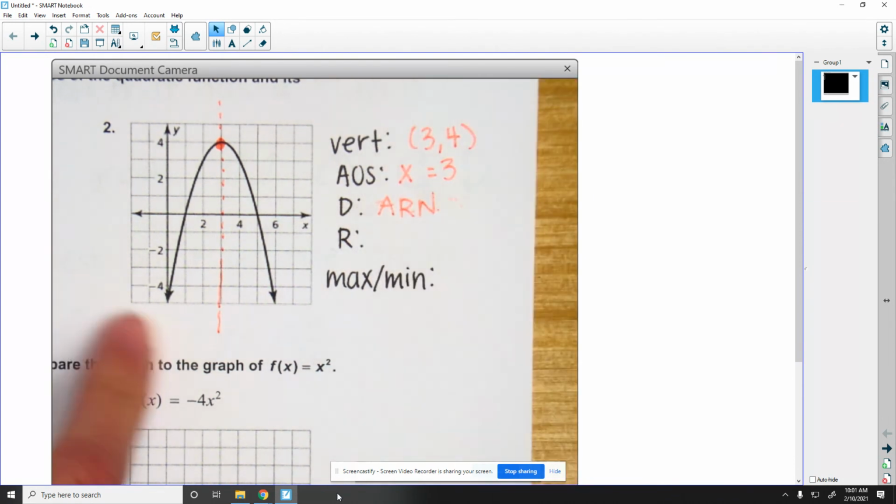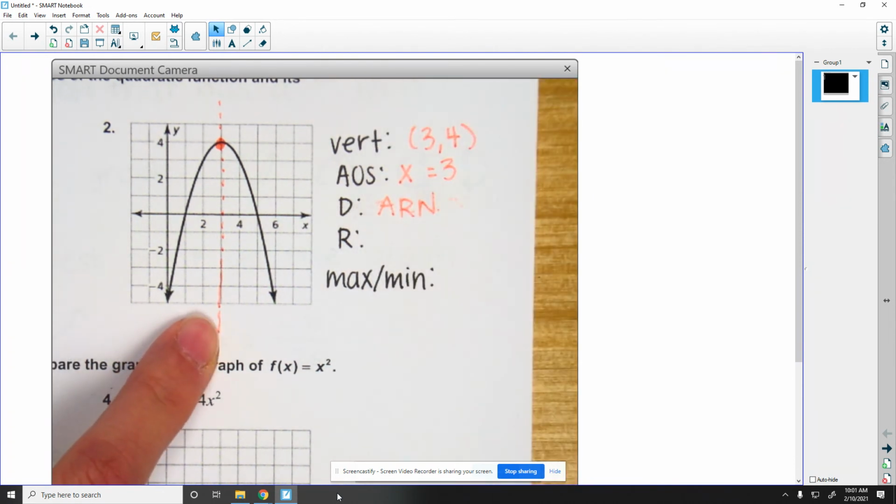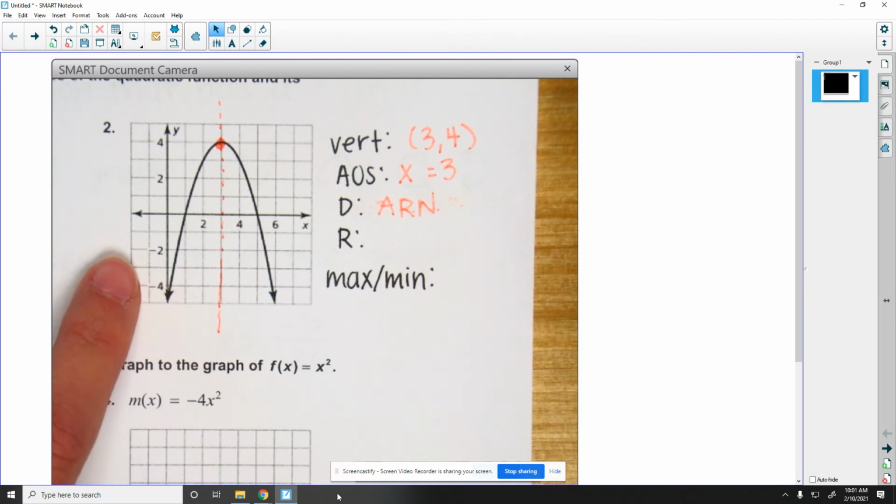Okay, somebody different online. The range, what do we think? Is it 4 and then infinity?